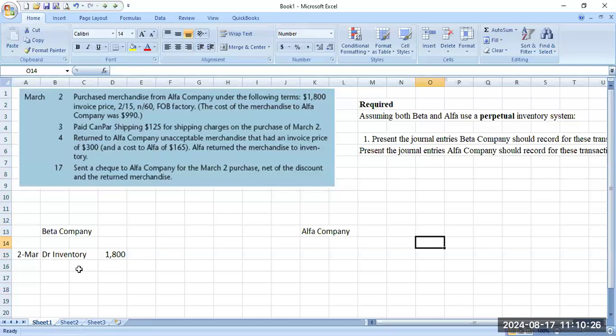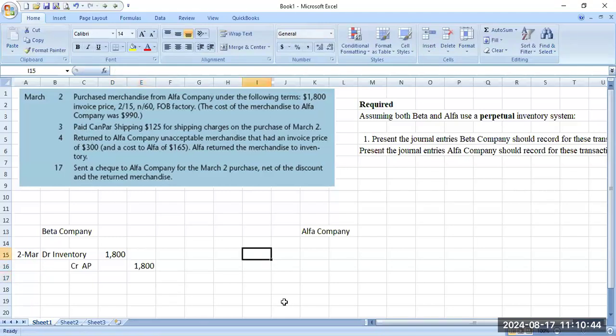Okay, that should do it. And then we're going to have a credit. Since they're not paying cash, the credit will be accounts payable for the same amount, $1,800. Now that's for the Beta company.